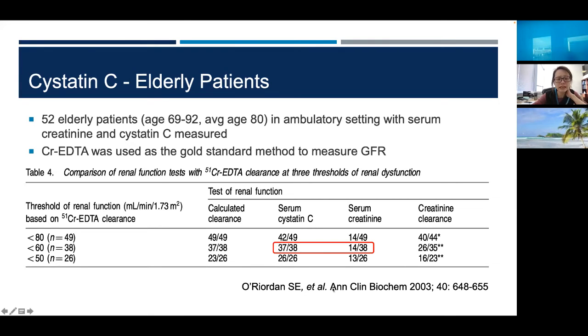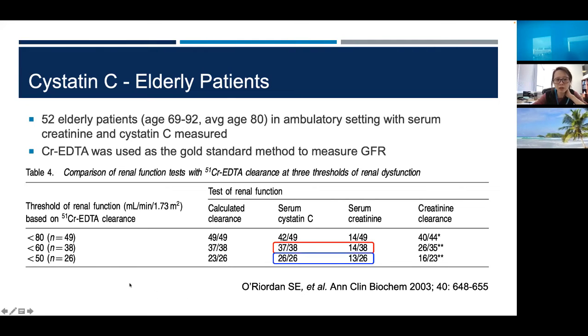You can see that if you compare cystatin C and creatinine, cystatin C is a lot more sensitive in picking up these patients. Almost all of the patients with a GFR less than 60 had an abnormal serum cystatin C, but less than half would be picked up using serum creatinine alone.